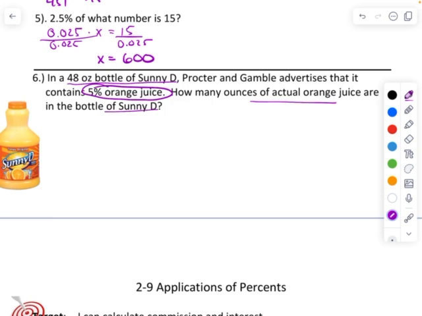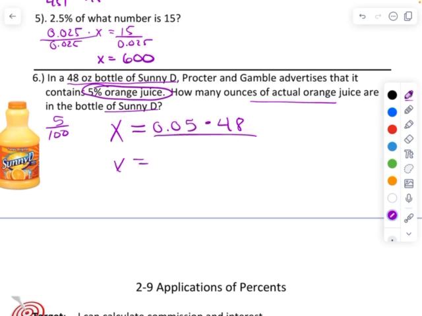Well, if I think about that, the bottle contains 5% of juice. So what is 5% of 48? Okay? So if I think, what is 5% of 48? All right, so what is 5%? If I divide that by 100, 0.05 of 48.